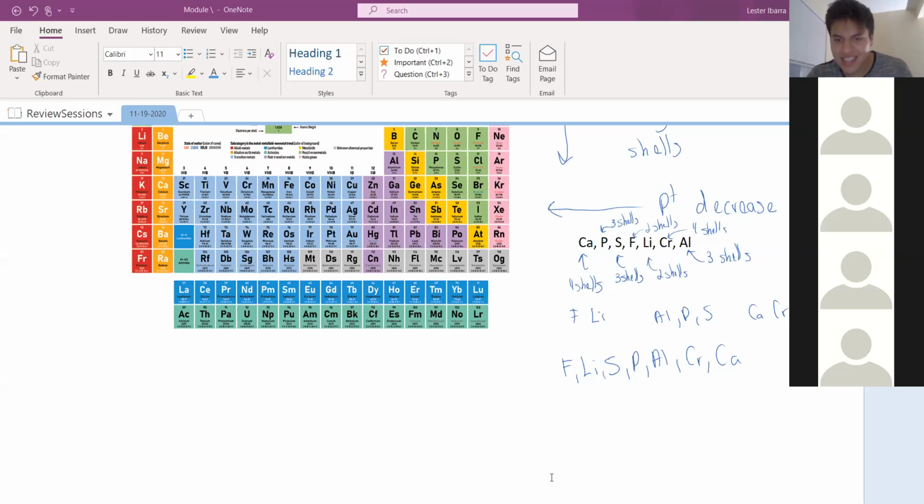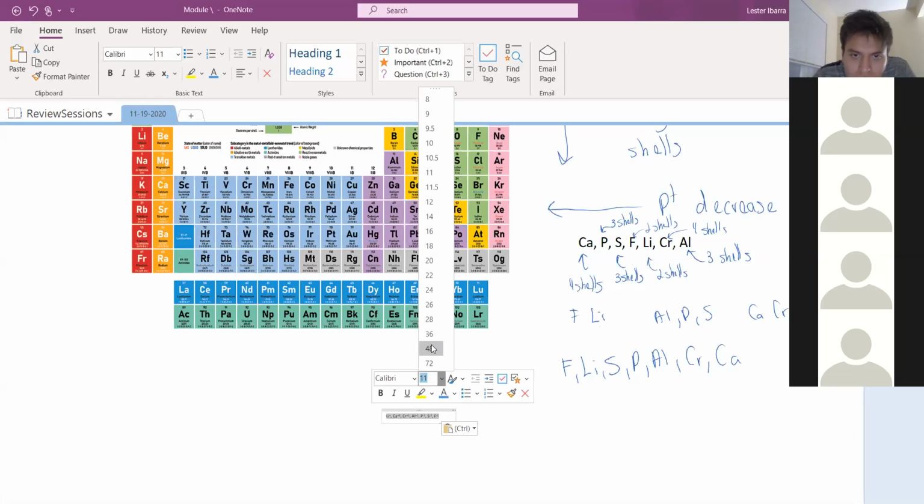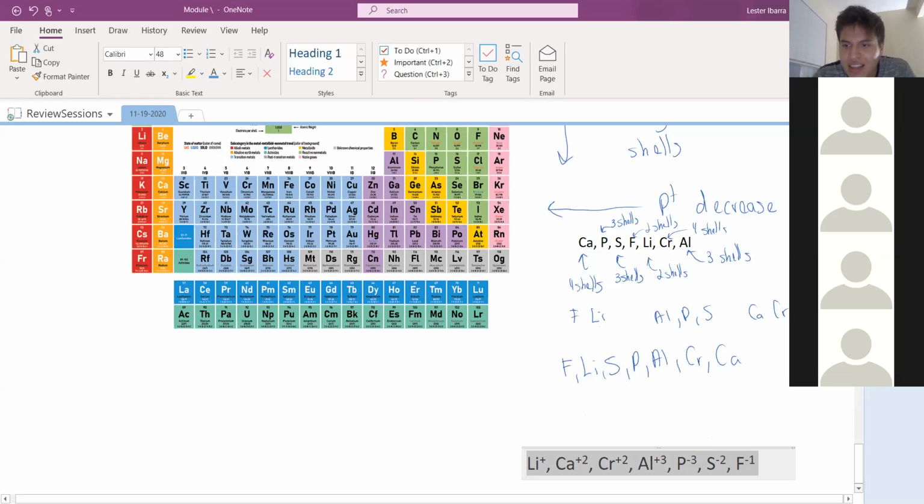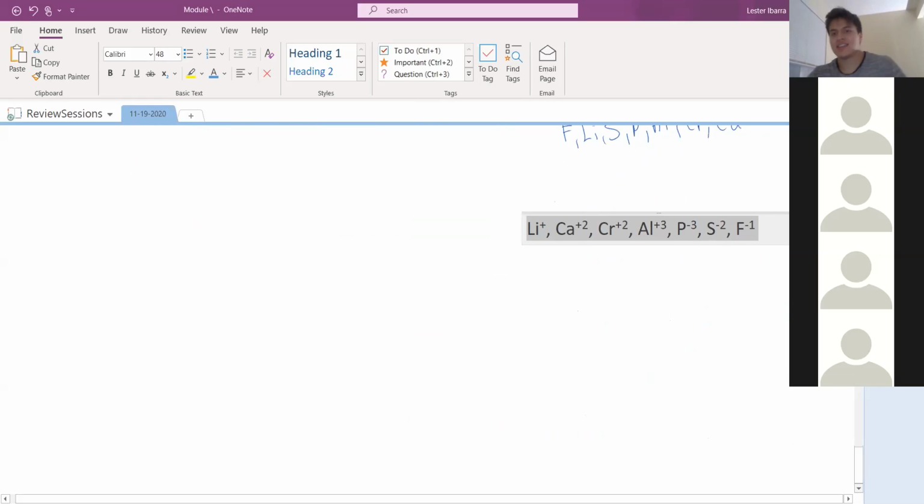Now, let's do the exact same problem, but now it's going to be a little bit different. Now we have them in ionic form instead. So in this case, we're going to do the exact same process, and look at how many shells each one has.